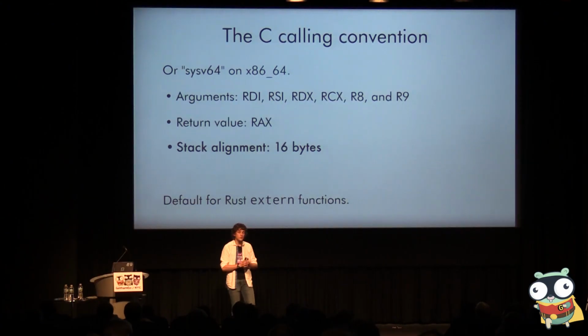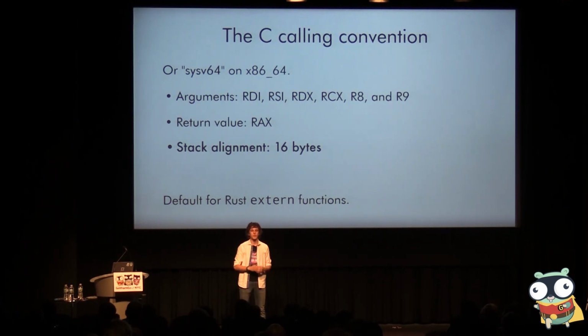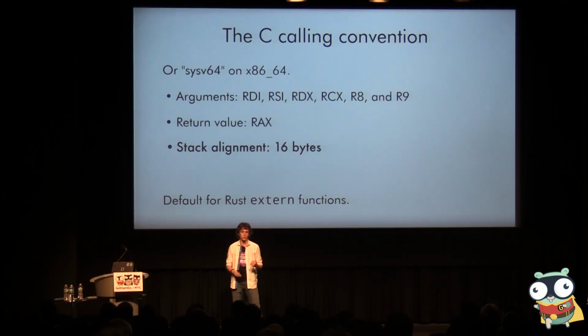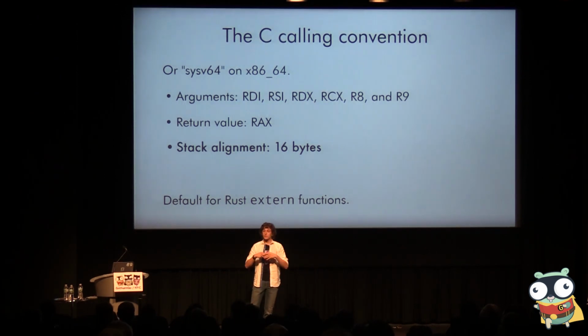Or even you can return multiple values. So Go would have to secretly make a structure and then pass the pointer back, and that would get more complex. Finally, the stack has to be aligned at 16 bytes modulo. That's what tripped me up at the beginning, and why using jump was working, but call wasn't, before we studied the calling convention. So this is what Rust uses.